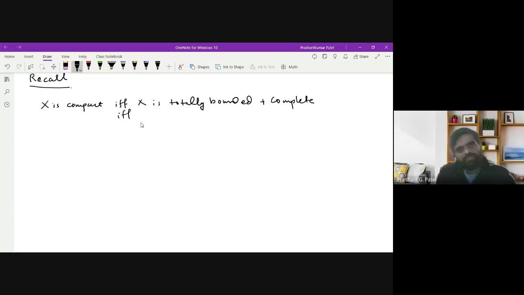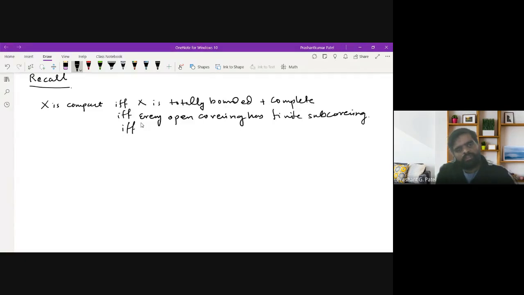Second result is every open covering has finite subcovering. That is known as Heine-Borel property.